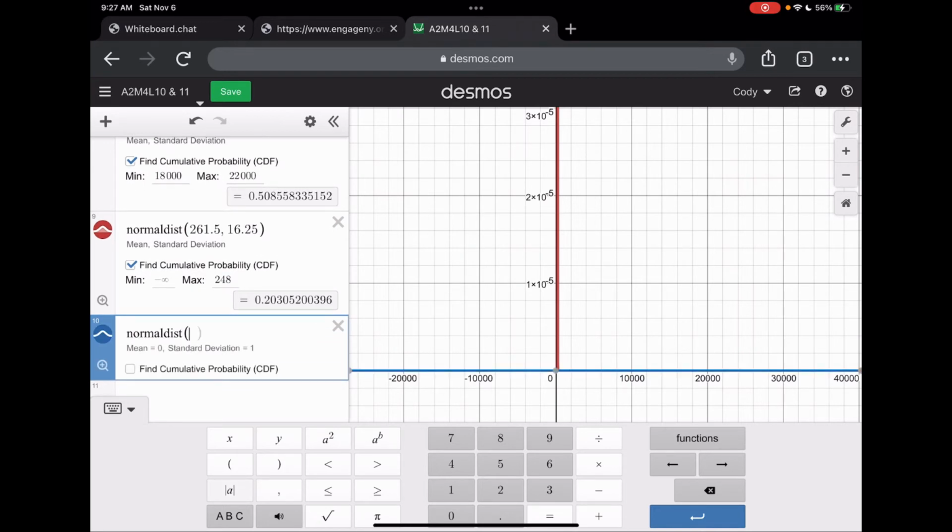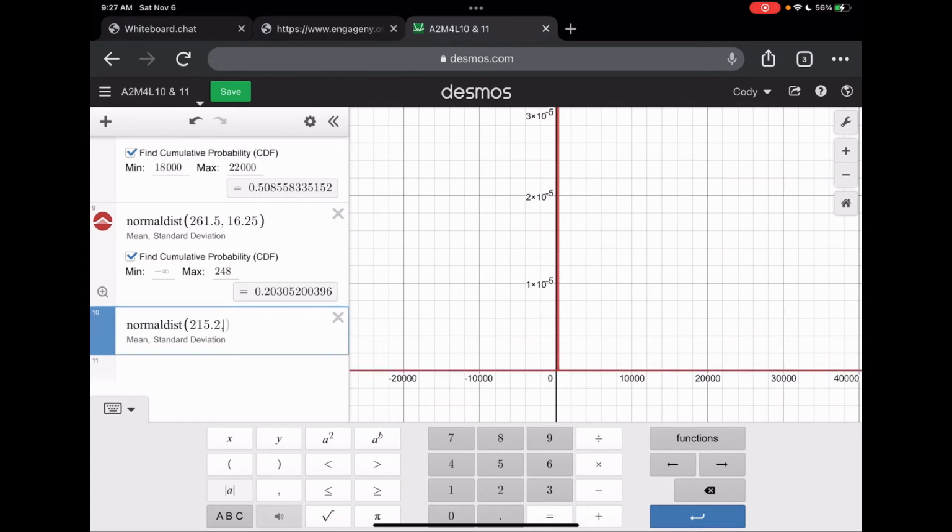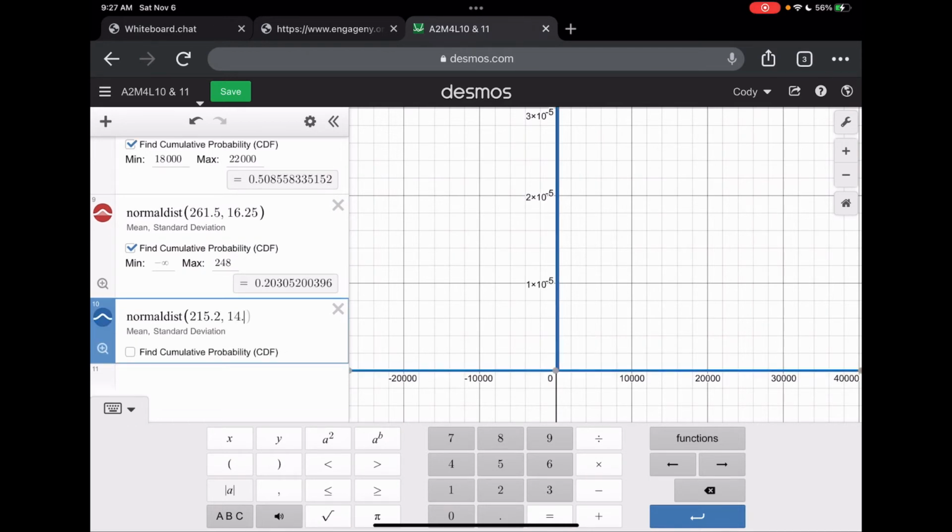And the mean was $215.20. And the standard deviation was $14.85.